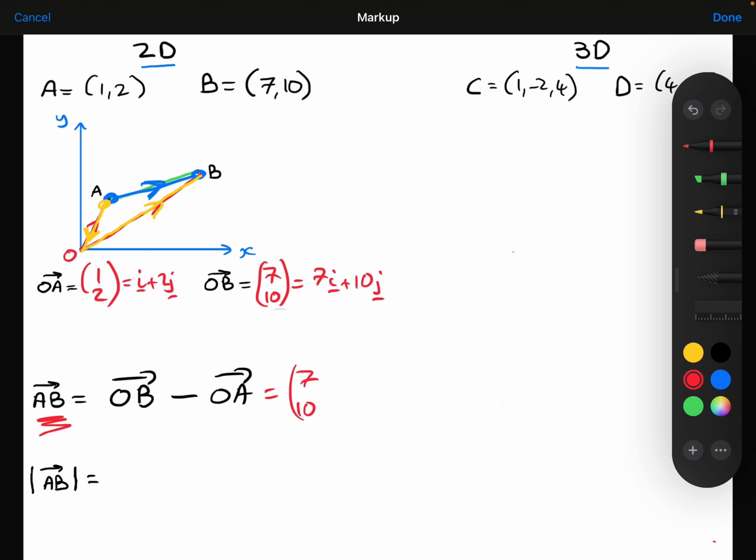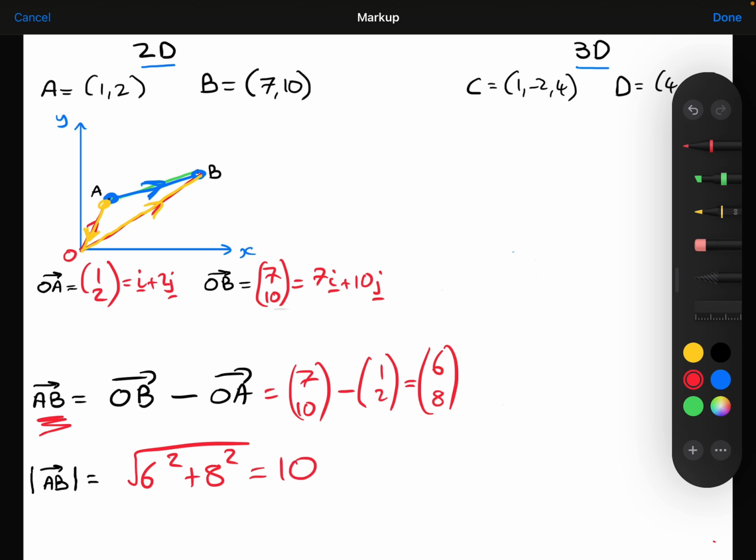Which, in this question here, will give me 7, 10, that's my position vector of point B, minus A, is that, which is 6, 8. So, to work out the magnitude of that vector, I could just do a bit of Pythagoras. So 6 squared plus 8 squared, all square rooted, which is 10.